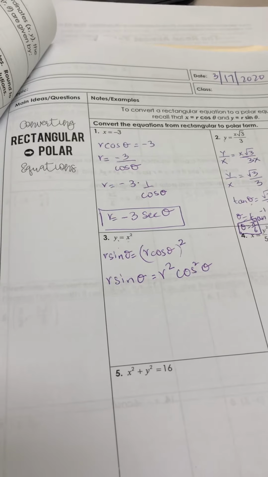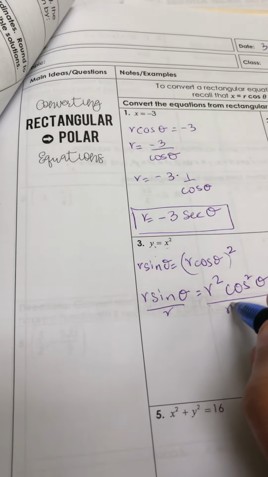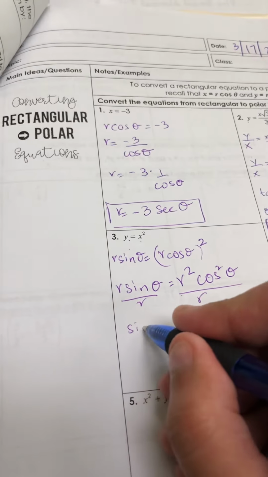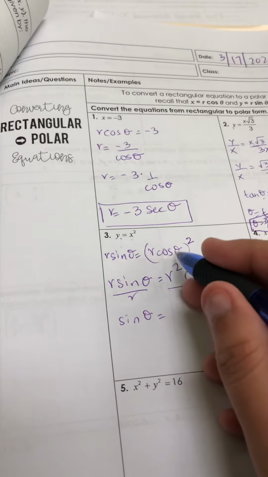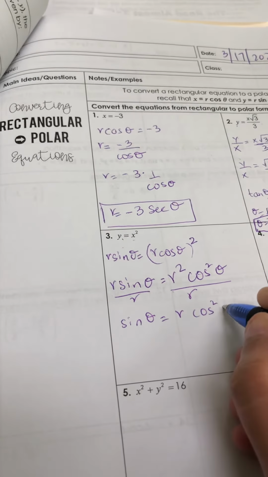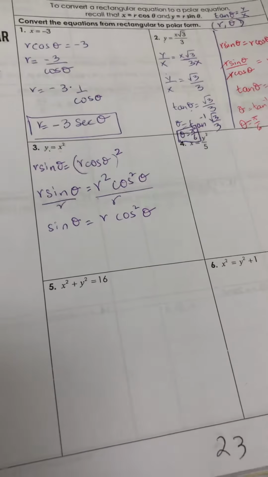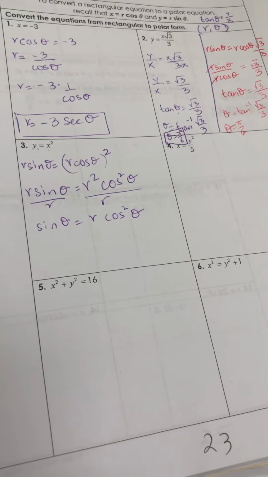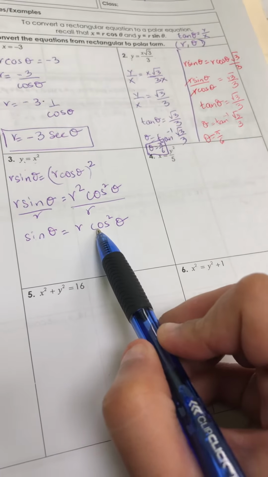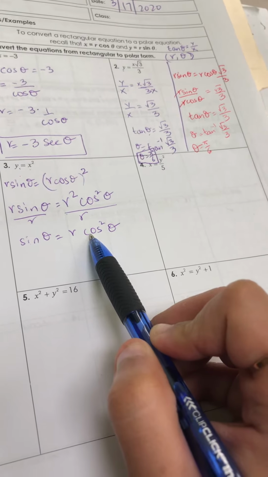Right, now what I can do is divide both sides by r. I want to simplify my equation, so I get sine theta equals, one of the r cancels out, r cos squared theta. I can see I have an r here, so if I divide both sides by cosine squared theta, I know that I can change sine over cosine to tangent, and I would have an equation in terms of tangent.